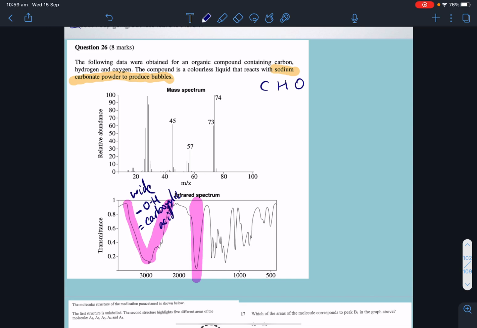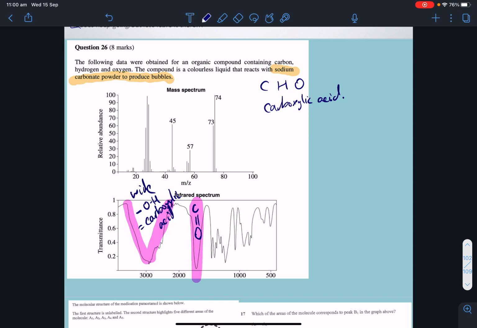And this is your carbonyl stretch, so it's confirming even more. So the IR spectrum, I've extracted all the information from it, but it's kind of given to me in the question. They've given you some redundancy, which is good to make it easier. So I've got a carboxylic acid. I know that much now.